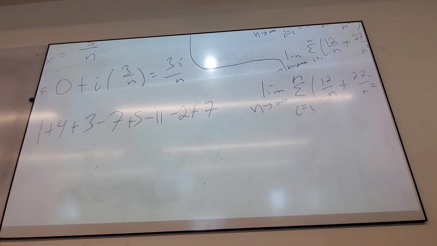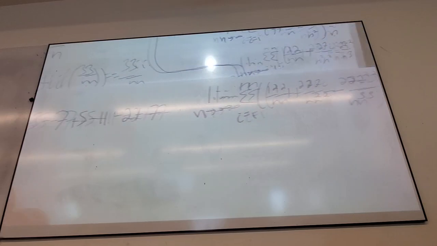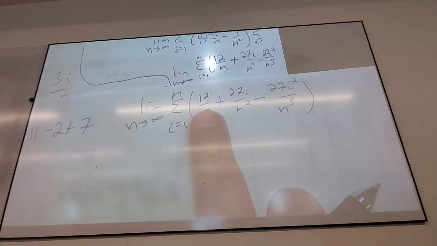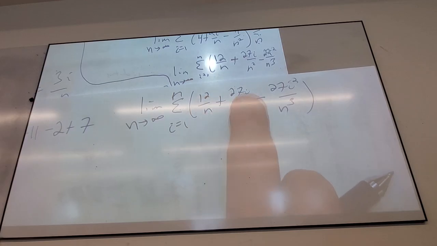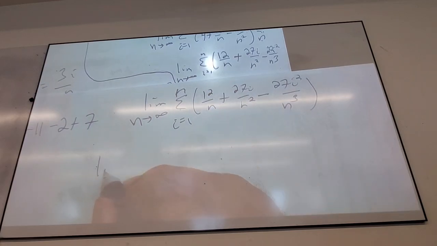Where are my fellow old people? Back in the day when we balanced our checkbook, you could take all the positives, all the negatives, add them up separately, and then add those together at the end, yes? So what I'm saying is, I'm adding up things. I can add just these, plus add this, so I can do this.